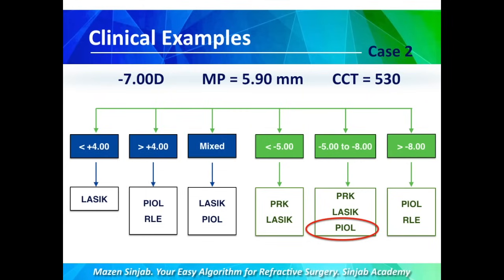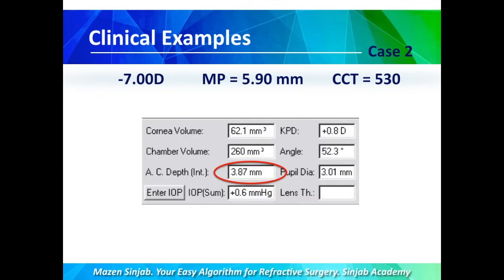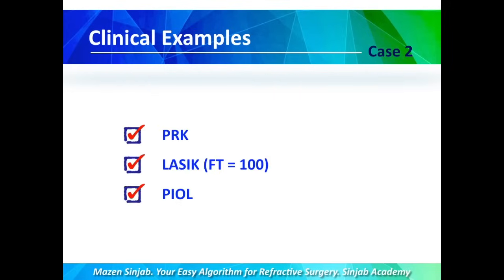Regarding phakic IOL option, we have to look at the anterior chamber depth, and this patient has a very good anterior chamber depth. Therefore, we can go for PRK, LASIK, and phakic IOL in this patient, but when the option is LASIK, the flap thickness should be 100 microns.